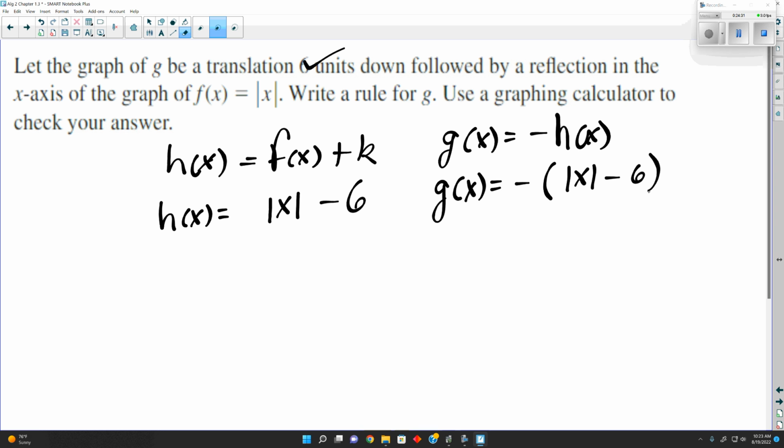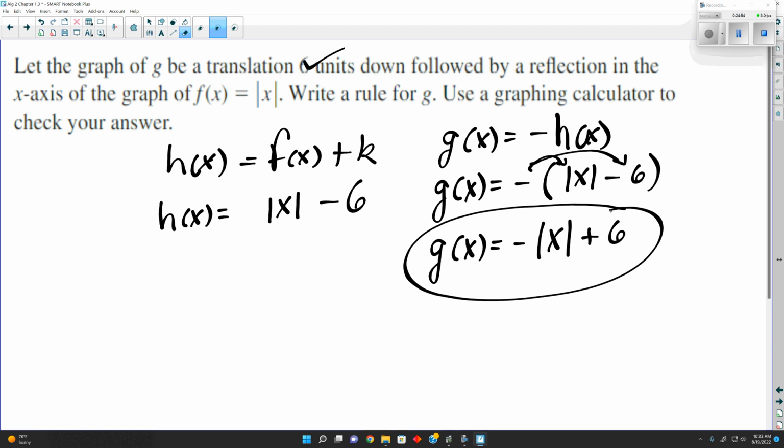And if we distribute this negative through, we'll get negative absolute value of x, because the negative times the absolute value will just give us negative absolute value of x. And the negative times negative 6 will give us plus 6.